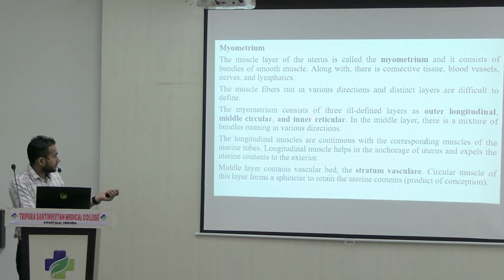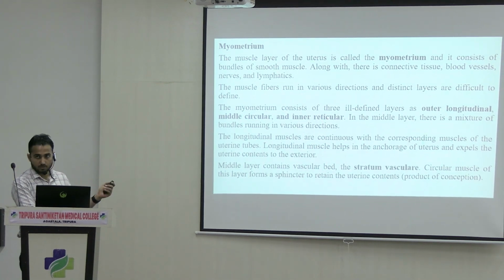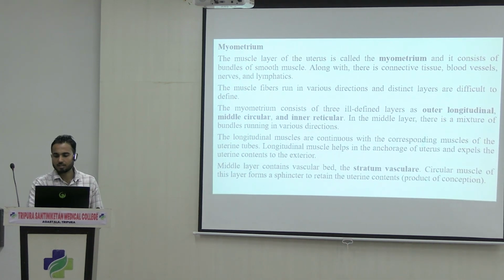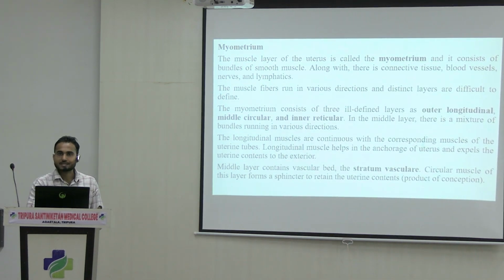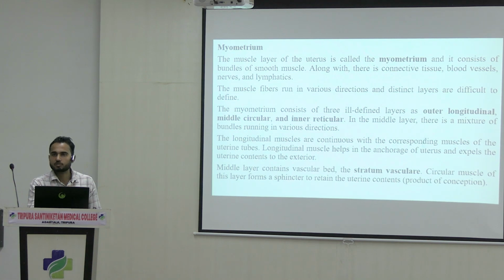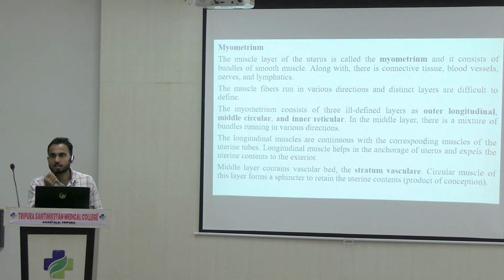So myometrium is mainly made up of three ill-defined layers: outer longitudinal, and middle and inner circular. But as I said, it is not clearly distinct, meaning you can't identify the layers individually, because of the arrangement of the muscle fibers.